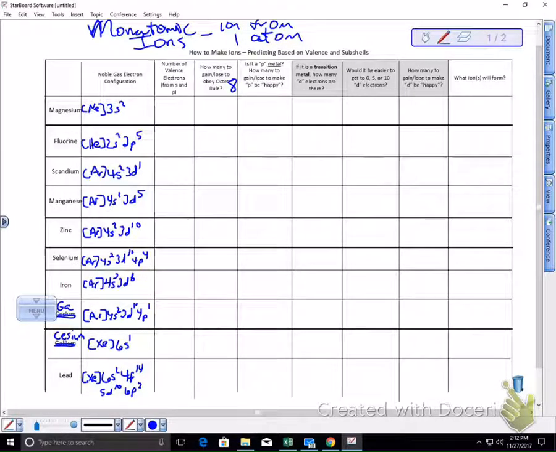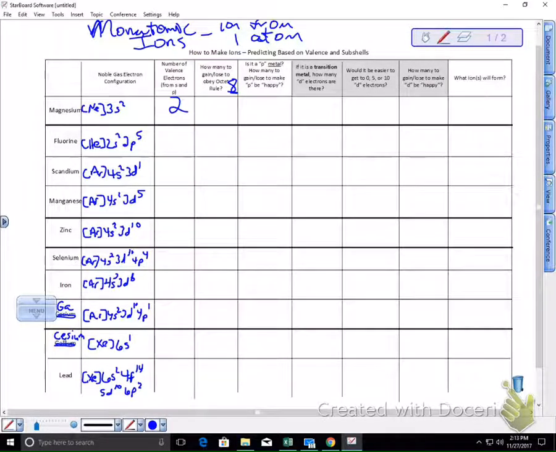If we look at magnesium, given the electron configuration we have here, we count up the valence electrons. So we see 2, the 3s2. And then we look at the octet rule, that magic number of 8. If it's close enough to 8, you can gain whatever you're missing to get up to 8, or you can lose to get down to the inner core, which would be another 8.